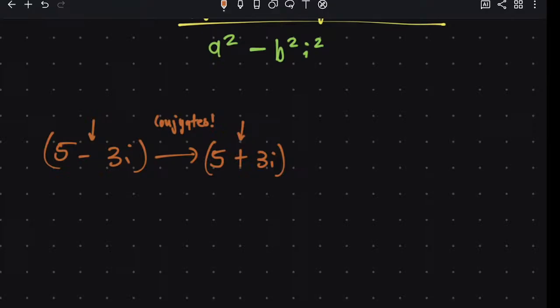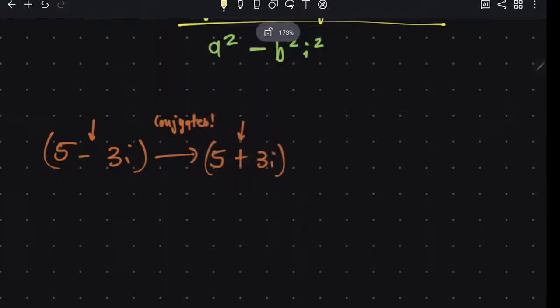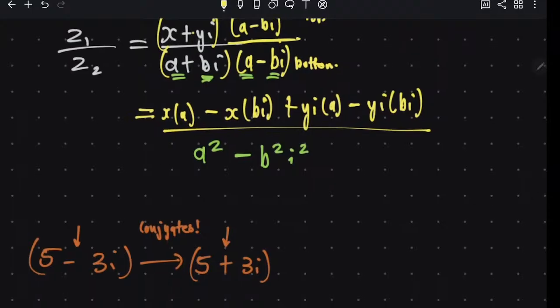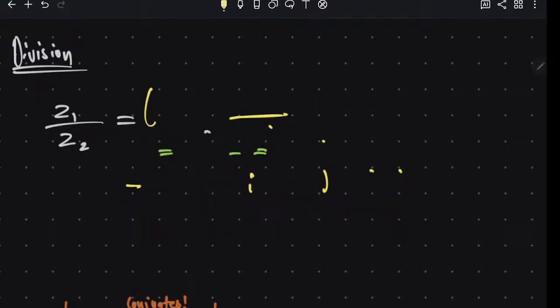So what we hate in complex numbers when we are dividing is we don't want to see a complex number in the denominator. So maybe I should have used numbers to make everything easy.